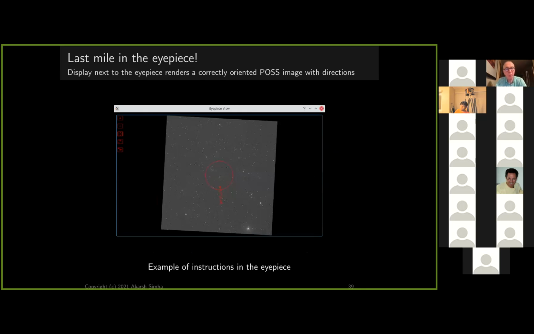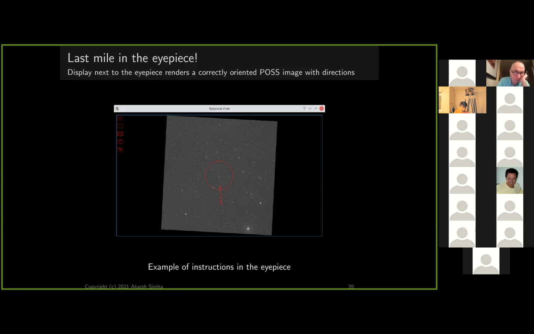So if I'm, let's say, 0.2 degrees away, that movement is much more easily done with feedback at the eyepiece. So what I show the user is something like this, that says, hey, your object is at 6 o'clock, 1 field of view away. So you just move the telescope. This is very intuitive. You just move the telescope such that you bring the object from 6 o'clock to the center.